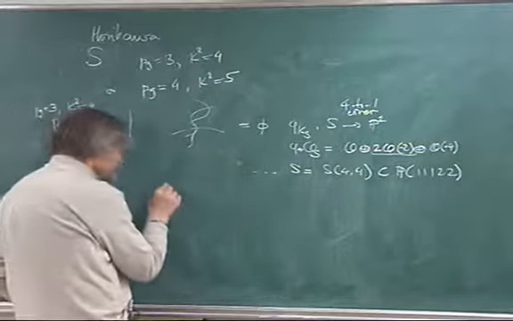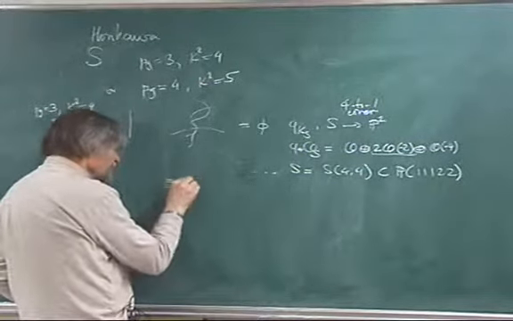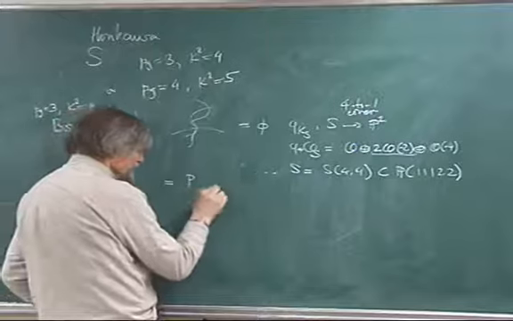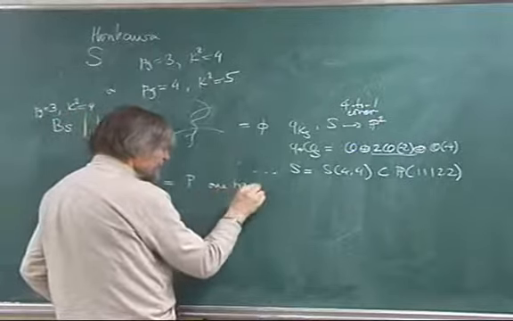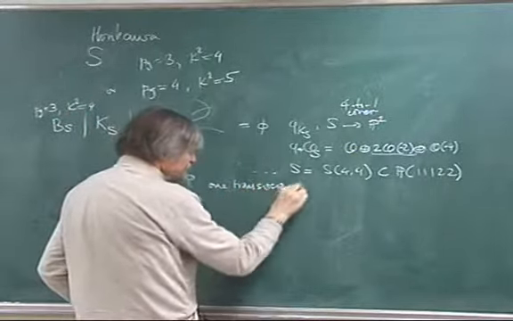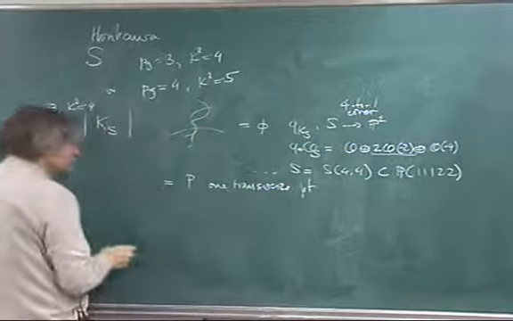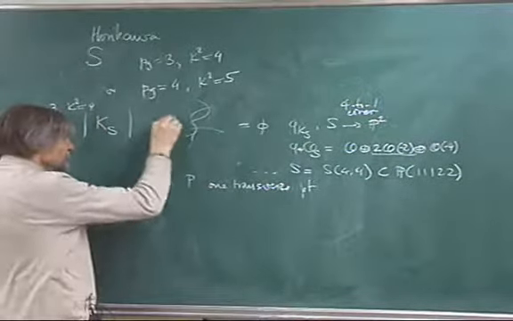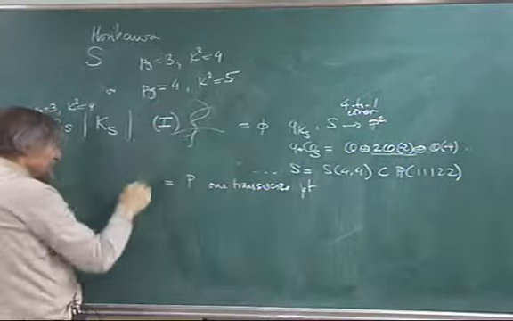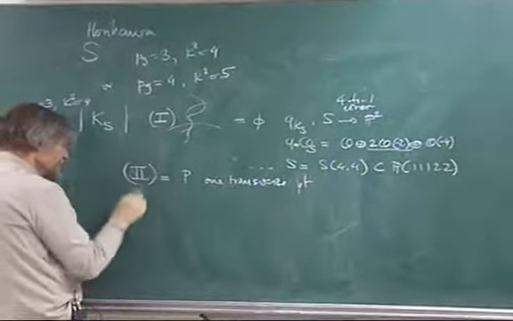The other possibility is that the base locus is 1 point, 1 transverse point, right? So this is case 1. Horikawa liked these Roman numerals.